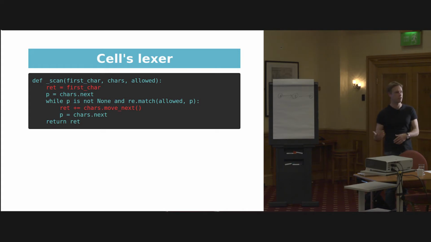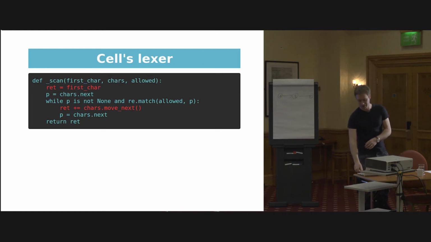When we get something that isn't allowed, we must have finished our number, so we return it. And if you've been watching, you'll notice that not just valid numbers come out as number tokens, because you can have any number of dots in your number, and at some point later in the implementation, really far too late, we'll notice that and tell you that something went wrong in a really unhelpful way.